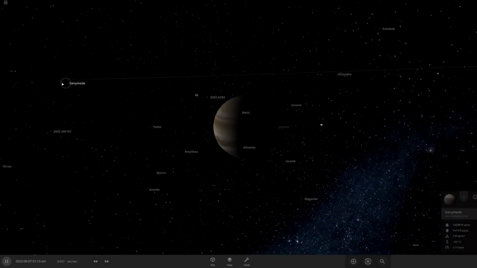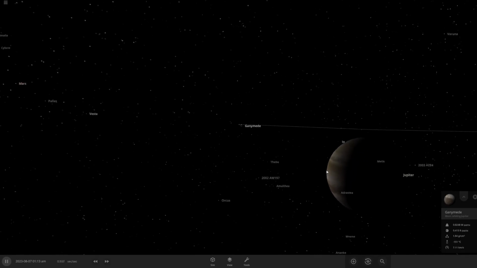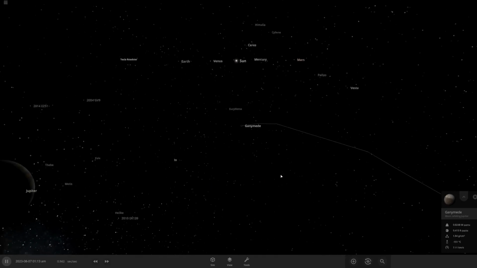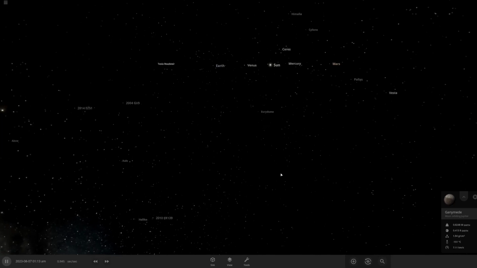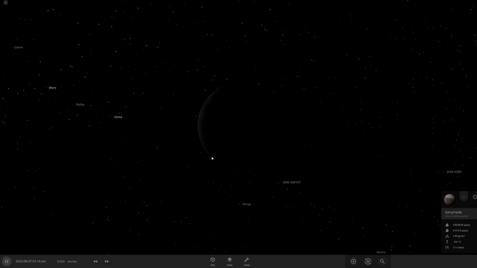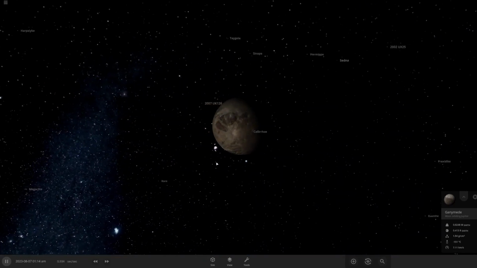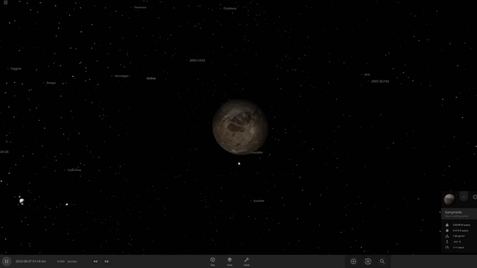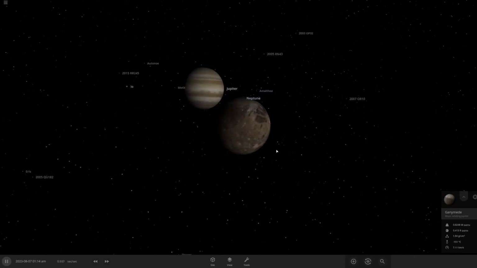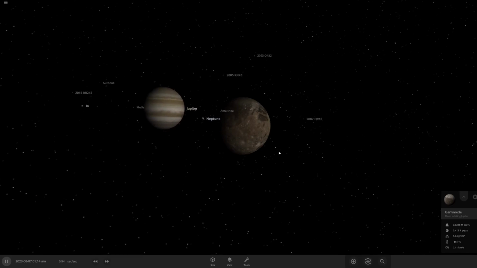Jupiter is home to the most moons in our solar system and the largest moon in our solar system, Ganymede. Ganymede is so large. It is 41% of Earth's radius, but it is much less massive than Earth.